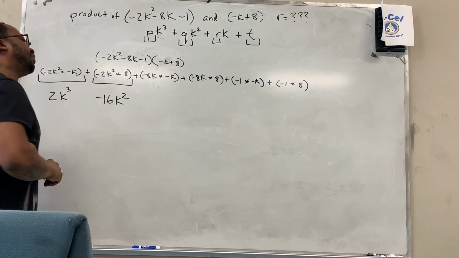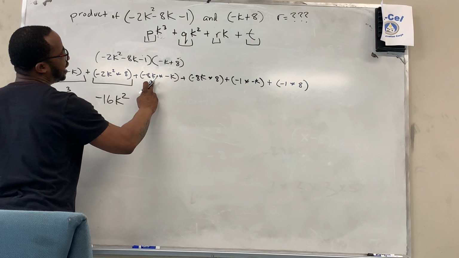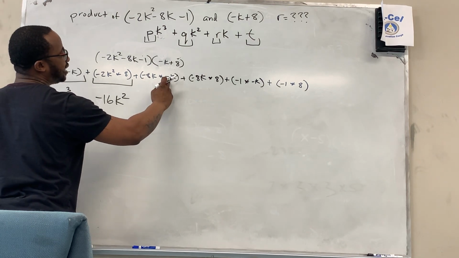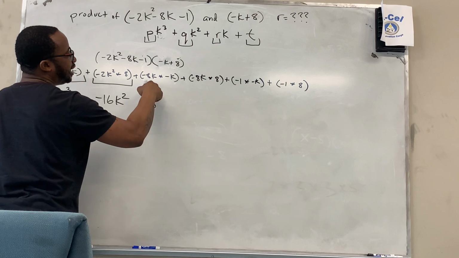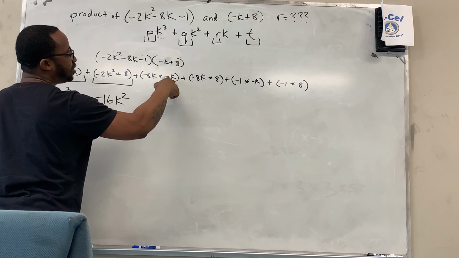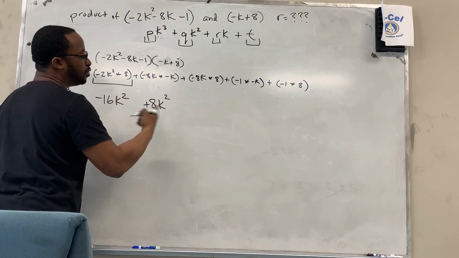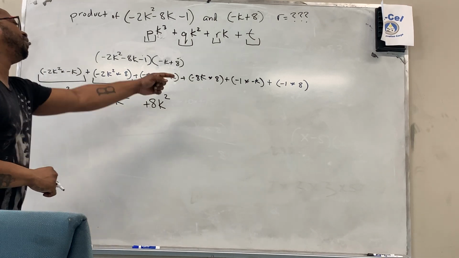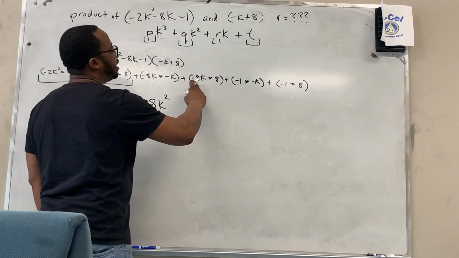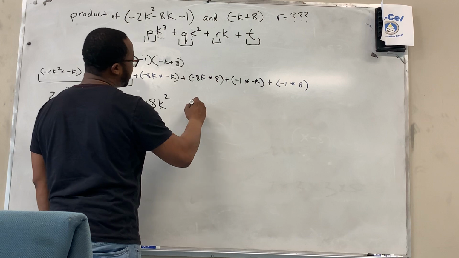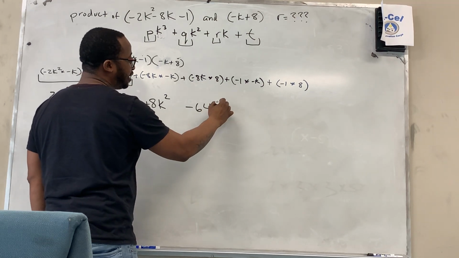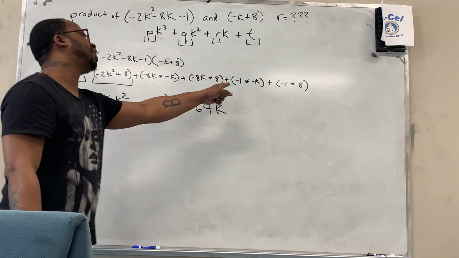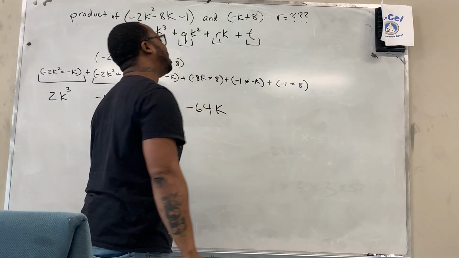Same thing over here. Now you got a minus 8k times minus k. So minus 8 times negative 1 is going to be positive 8. And then k times k, how many k's do we see there multiplying? 2, so to the second power. Over here, we have a minus 8 times a positive 8. That's going to make 2 different signs. So negative 64, and there is only 1k. Bring it down. Now you have a minus 1 times a minus k.